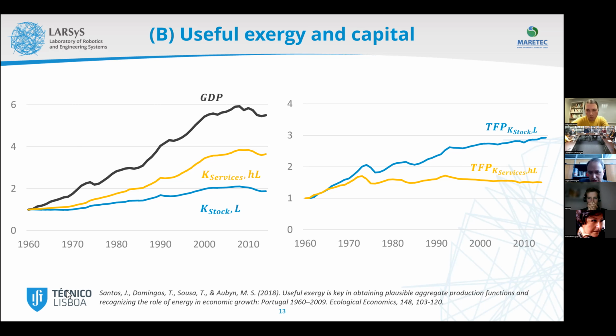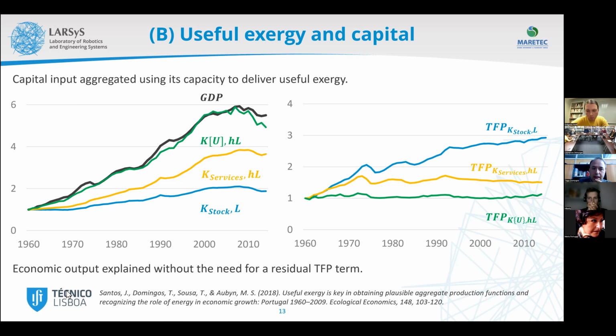And so what do we do in our second approach? There's a whole big, long econometric story that I don't have time here to explain, but what we do is we find an econometric way of expressing the services of capital, not in terms of money, but in terms of useful exergy. Basically, we reinterpret that what essentially productive capital is the machines, and what machines are doing is deliver useful exergy.